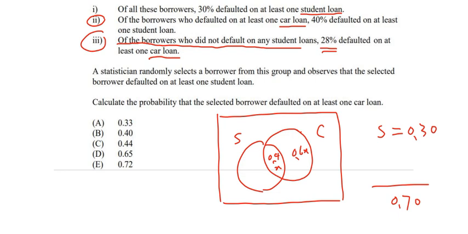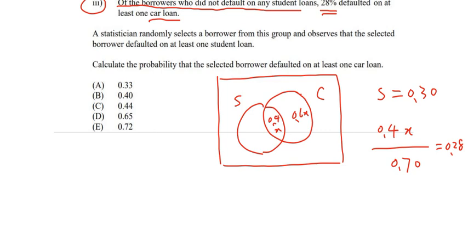So this counts for 0.4x, and this equals 28%. So we can solve for x, and once we have this x, we can find this. So we have all the information here.